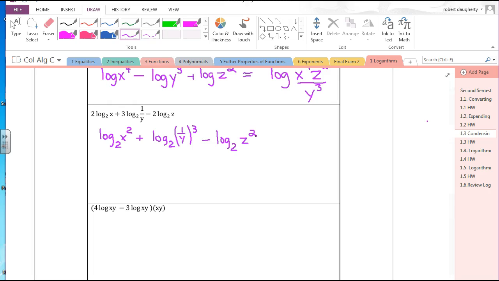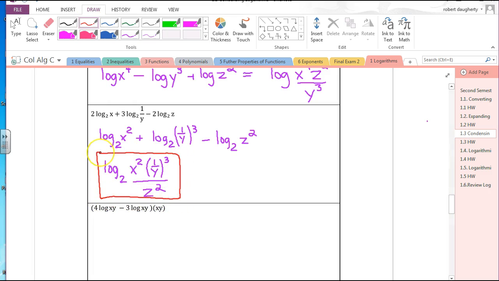And then this will be divided. This will be the bottom of my fraction. So I'm going to get the log base 2 of x squared times 1 over y to what power? To the 3. All of that divided by what? Z squared. Okay. Now, I would have accepted this as a perfectly good answer.